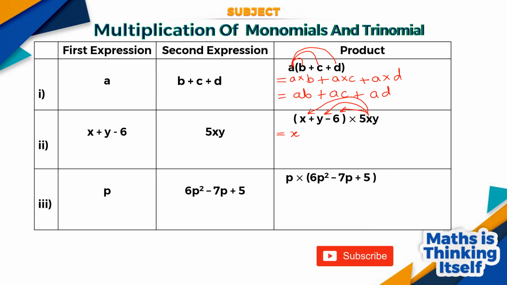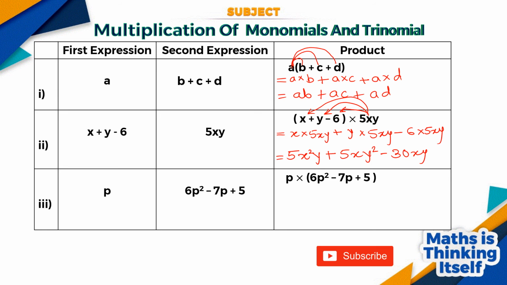So x multiplied by 5xy plus sign, y multiplied by 5xy minus sign, and 6 multiplied by 5xy, which is equal to 5 as it is, then x into x, x square, y plus 5 as it is, x as it is, then y into y, y square, minus 6 into 5, 30, and xy as it is. So you get an answer.